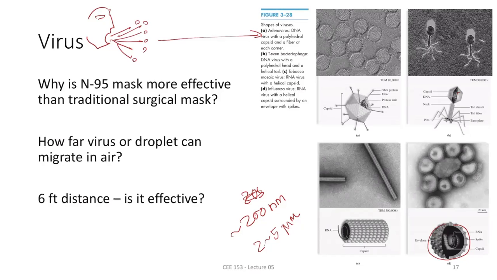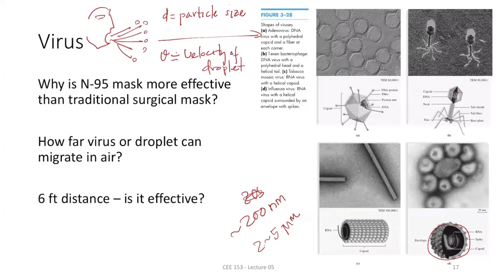If there's any good airflow in the room, or let's not think of airflow yet, but think of I just cough right now. Particle size, yes, number one, particle size. And the velocity, yes, the velocity of the droplet. These are the two most important factors.